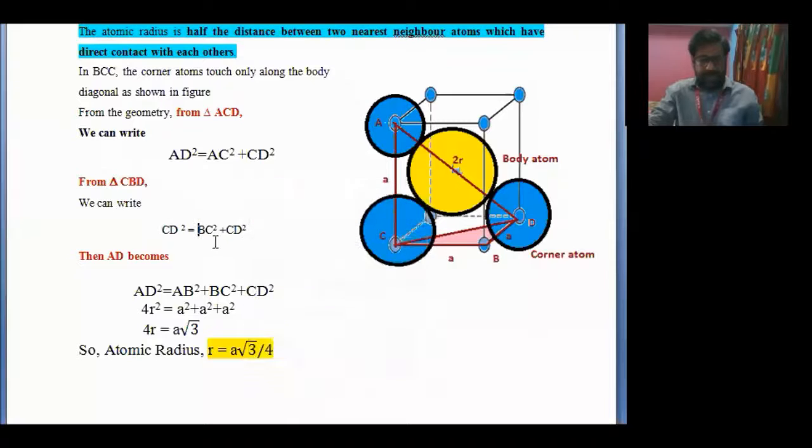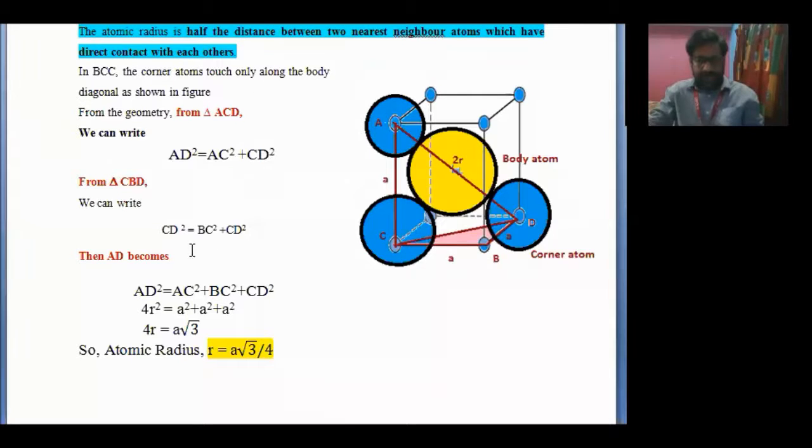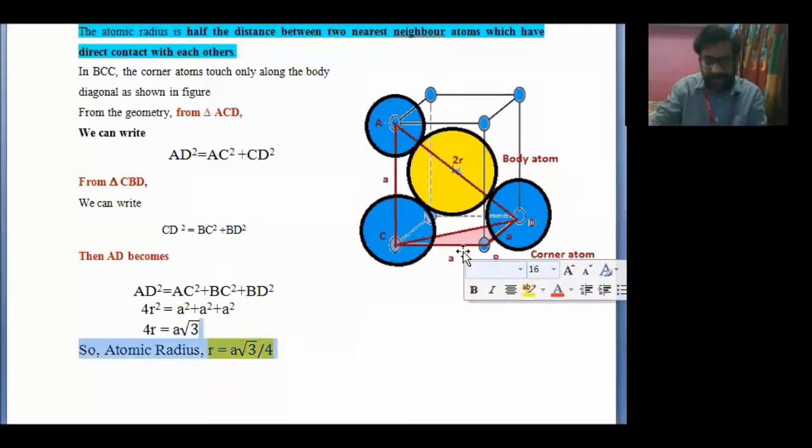So from this, we can write AD square is equal to AC square plus CD square, and CD square is equal to BC square plus BD square.